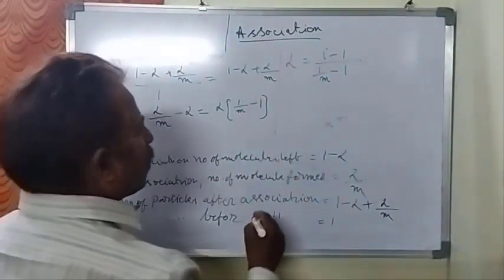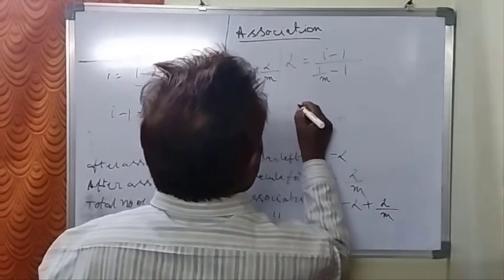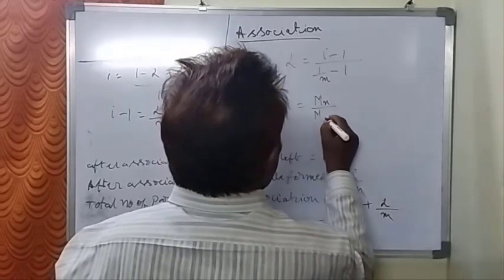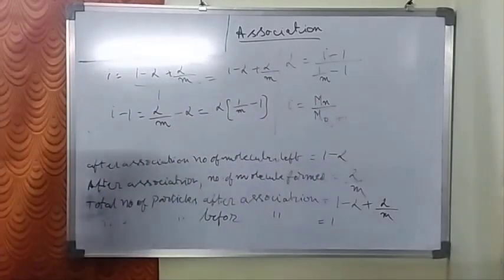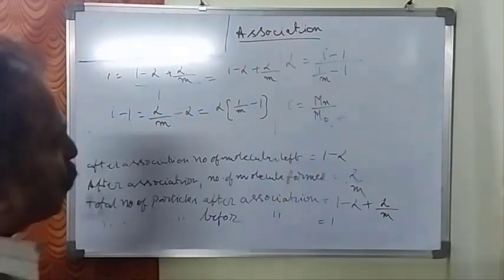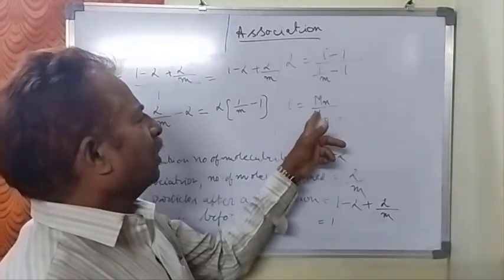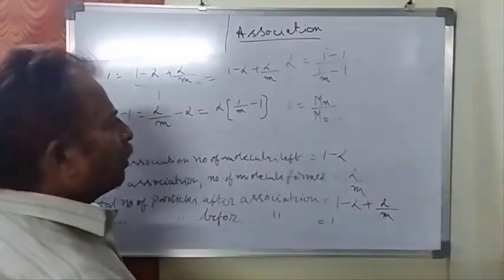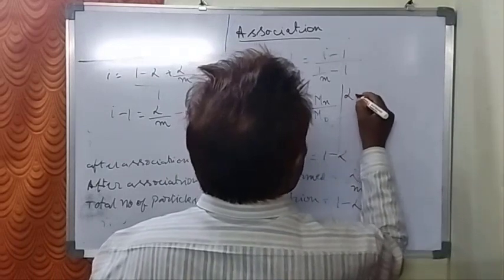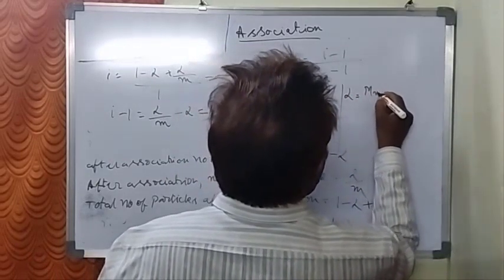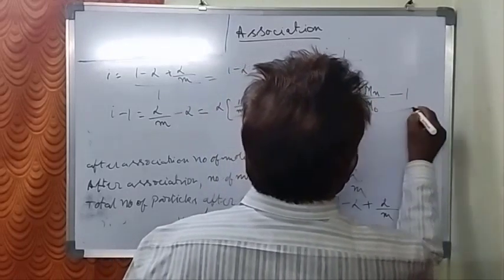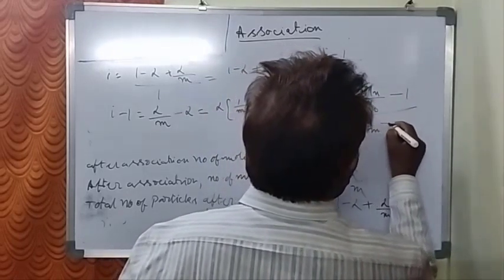Now what is i? i equals Mn by Mo, where Mn is the normal molecular mass and Mo is the observed molecular mass. Let us substitute i in this formula. Alpha equals Mn by Mo minus 1 by 1 by m minus 1.